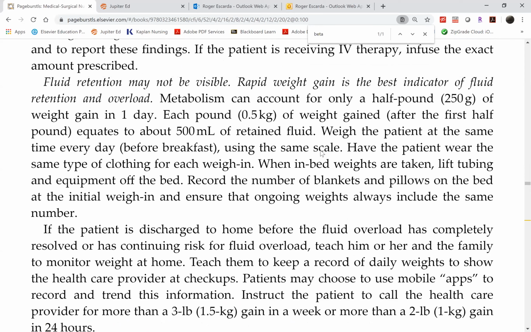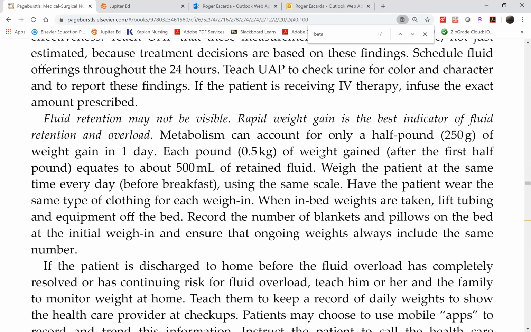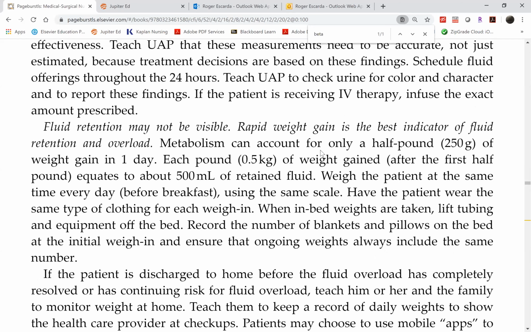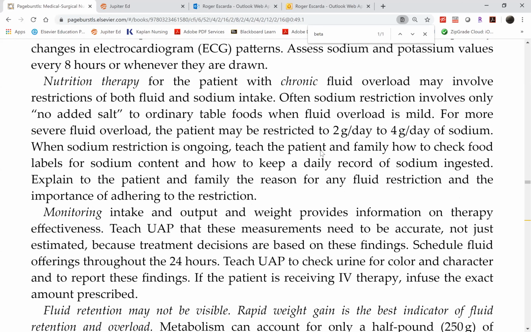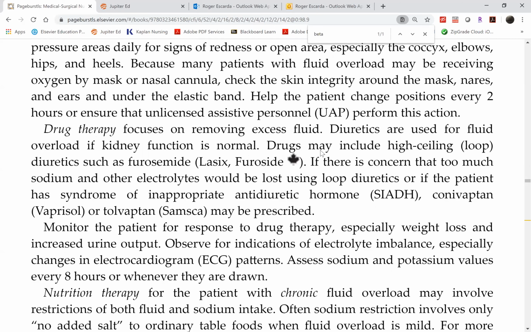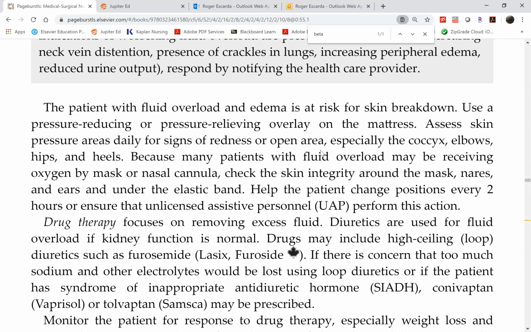So in dehydration, we gave fluids. In fluid overload, instead of giving fluids, we restrict fluids, and then we give diuretics to push the water out. With regards to fluid restriction, the amount is dependent on the urine output recorded during the last 24 hours.